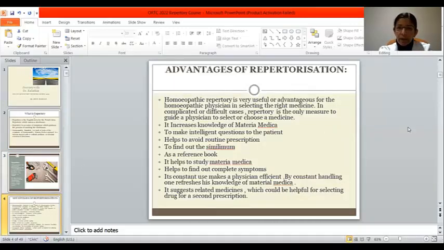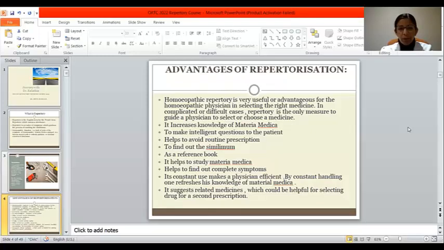So what are the advantages of repertorization? Repertorization or homeopathic repertory is very useful or advantageous to select the right medicine. It increases the knowledge of your materia medica. It helps you to find out the simillimum. It's a reference book.